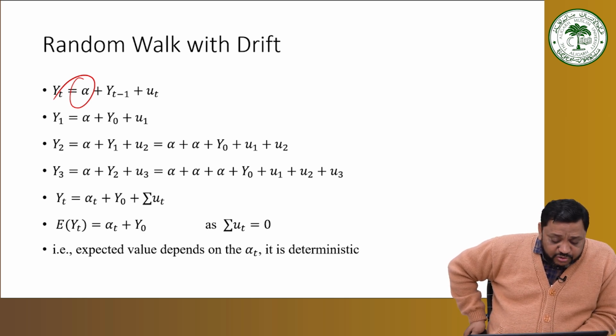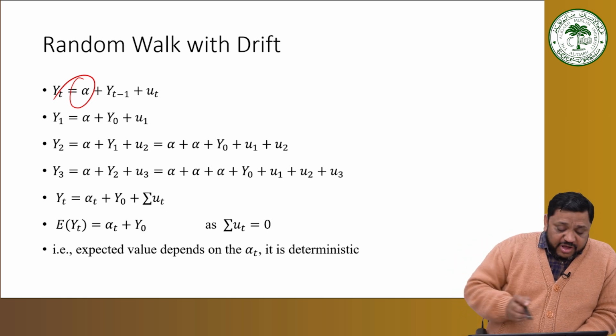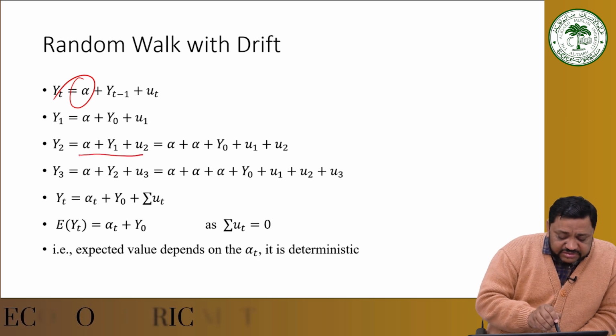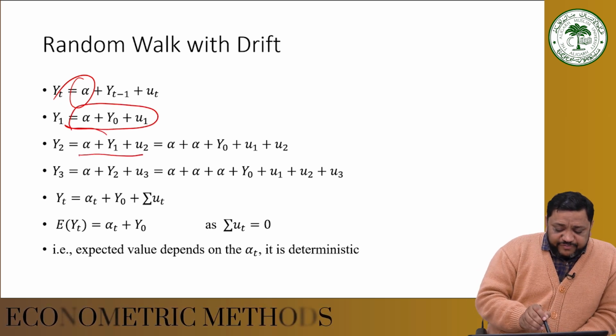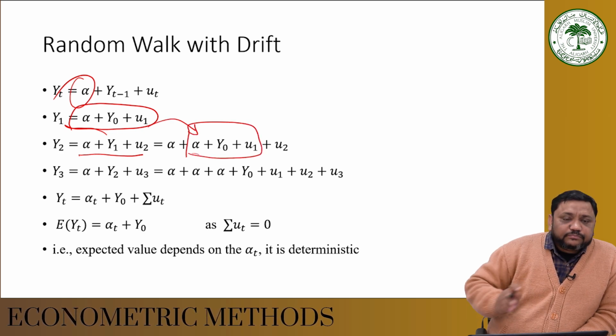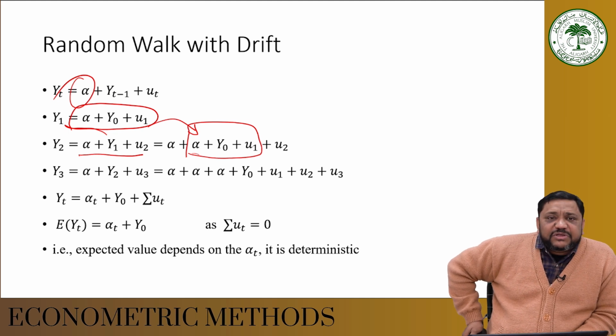For y2, we do alpha plus y1 plus u2. Why y1? Because 2 minus 1 is 1. So for this y1 we have this value, and we write that. So it is alpha plus y0 plus u1 plus u2.